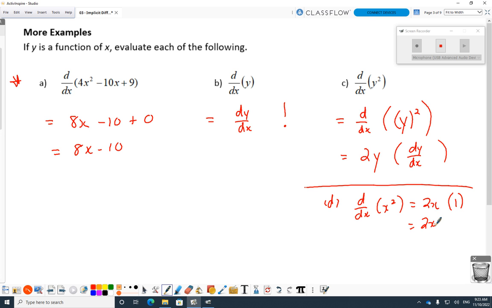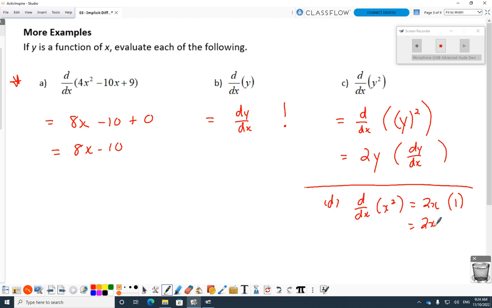So we should have been chain ruling all the way along, but we didn't have to. So when we were learning basic derivatives, we sort of ignored that and left it on the shelf. So I say now, anytime there's an exponent, we should be chain ruling the inside. The good news is, if that variable inside is what we're taking the derivative with respect to, it won't affect the answer. We can still do derivative of x squared and still write 2x. But now we're understanding it a little deeper about what's going on.